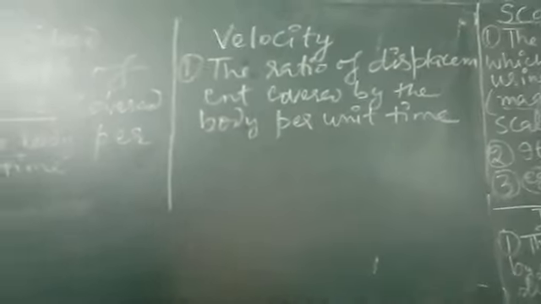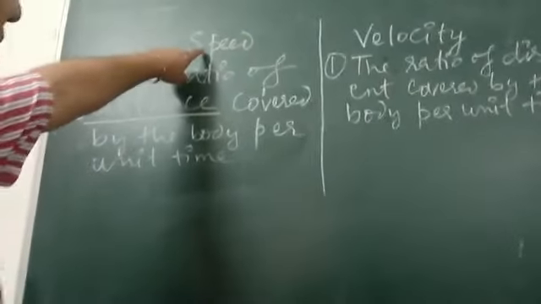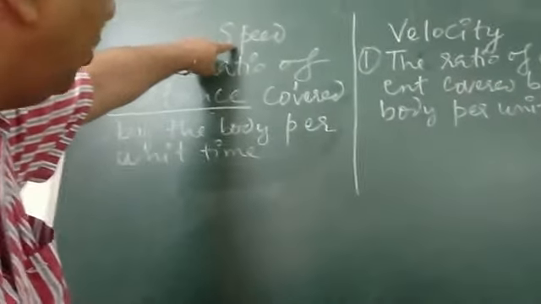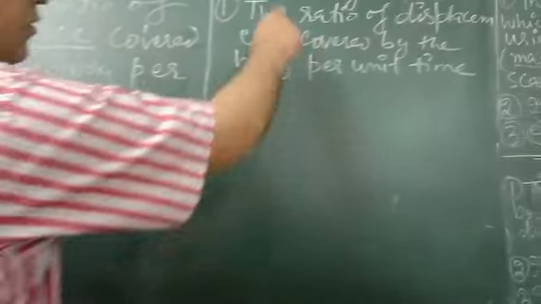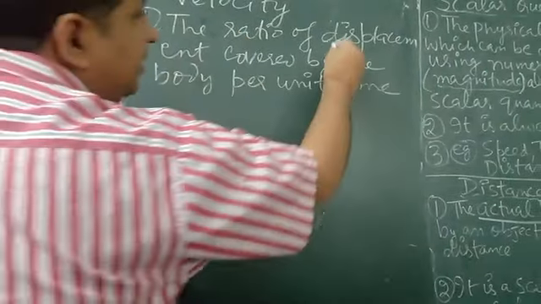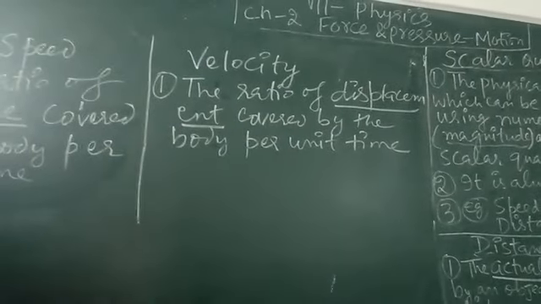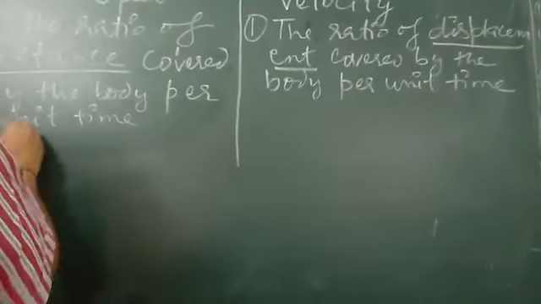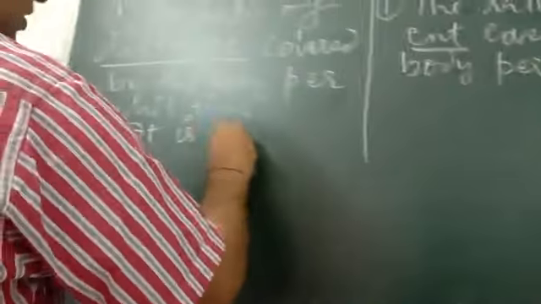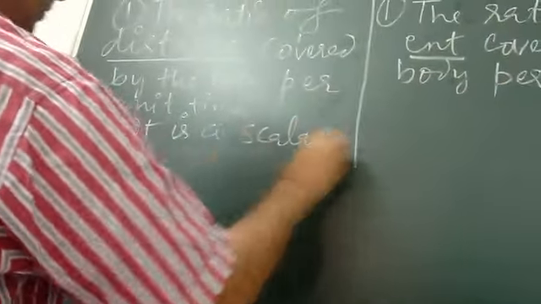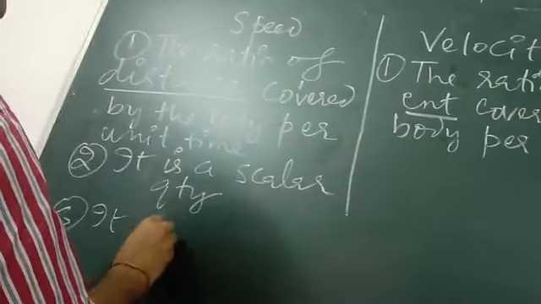You just need to note down that in speed, because it's a scalar quantity, here we have distance. Velocity being a vector quantity, we have to use displacement. Okay, second point: speed is a scalar quantity, so it is always positive.